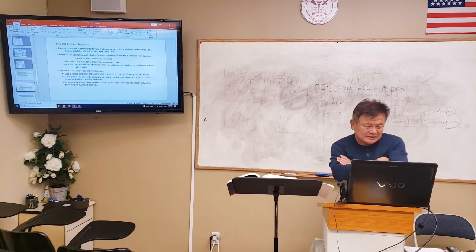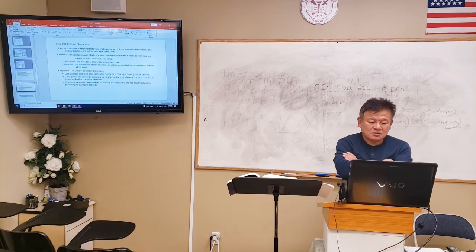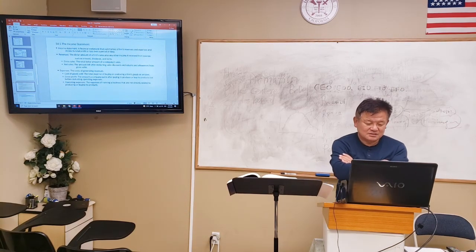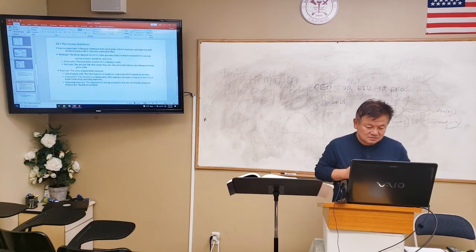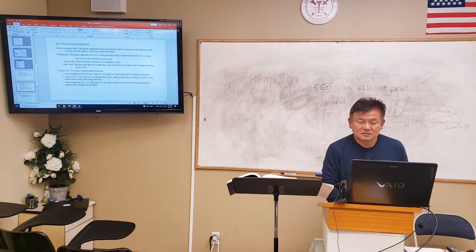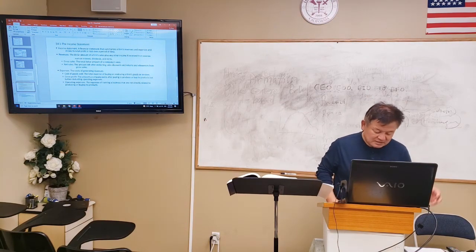And the expenses. What are expenses? The cost of generating revenues. Expenses consist of three things. One thing is cost of goods sold, the total expense for buying or producing a firm's goods or services. This is basic; most of it is the cost of goods sold, the selling or serving.